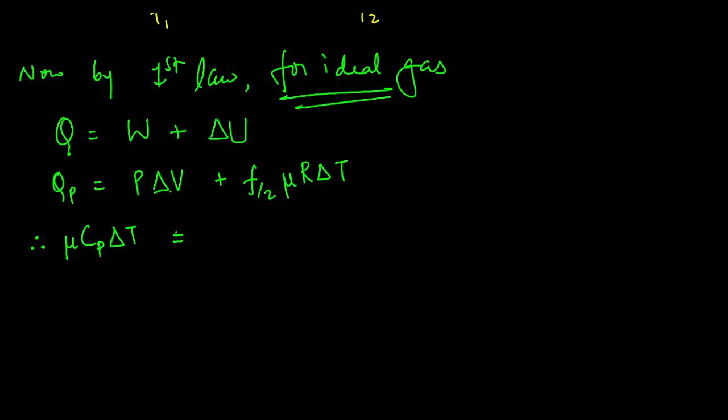Now P delta V for an ideal gas. See, we are talking about ideal gas, everyone. For ideal gas, એટલે અહીંયા સાઈડમાં થોડું નાનું એવું કેલ્ક્યુલેશન. For ideal gas, PV equal to mu RT. Yes or no? But we are talking about isobaric process.